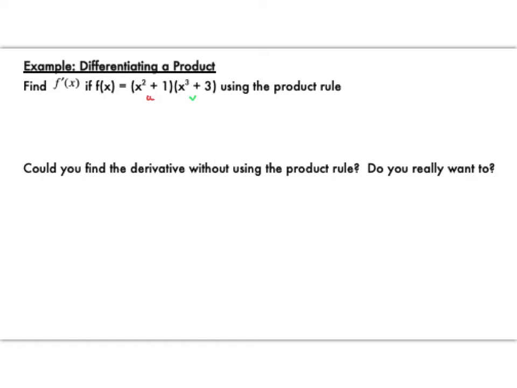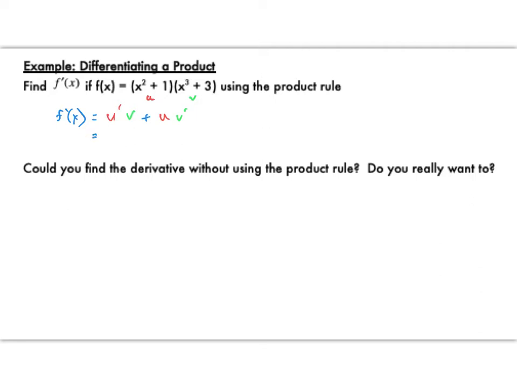So if our formula for the derivative is going to be u prime times v plus u times v prime, you're just going to have to fill in those spots with what those things are.